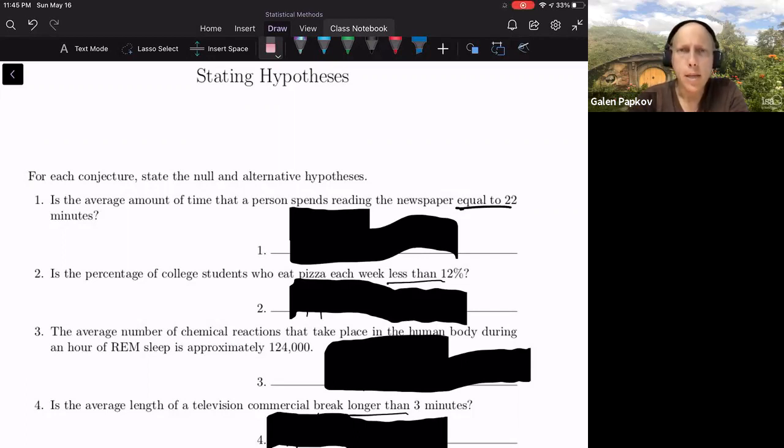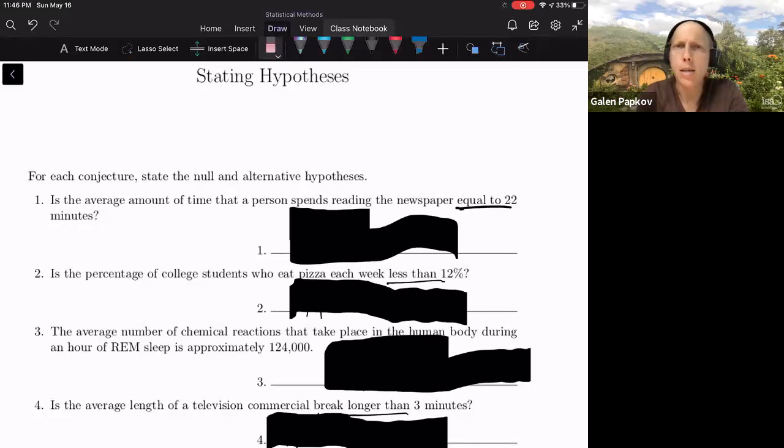And the way that you will identify that is if the claim has the possibility of being equal to some value, whether it's equal, less than or equal to, or greater than or equal to, then that's going to be in your null. But if it's a strict inequality, meaning a less than or below, under, greater than, or above, more than, or not equal, meaning less than or greater than, then that claim is going to be in your alternative hypothesis.